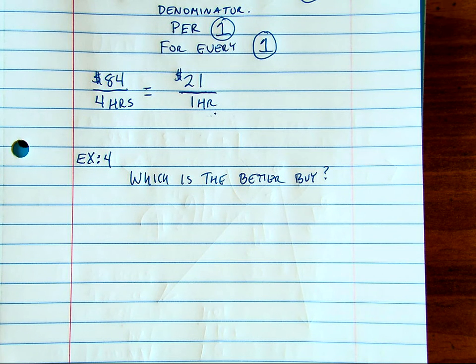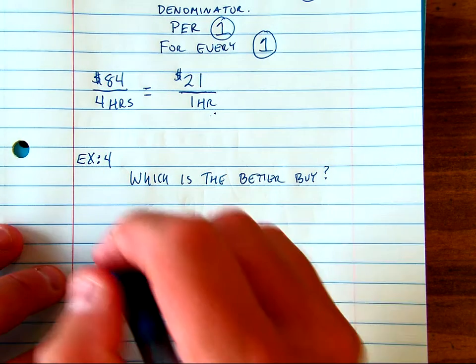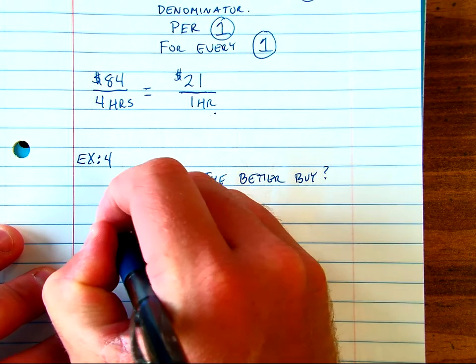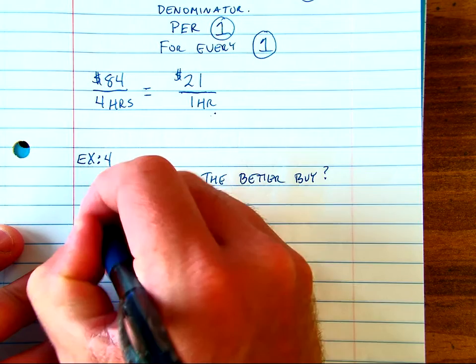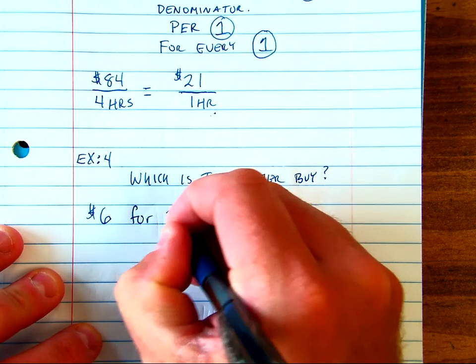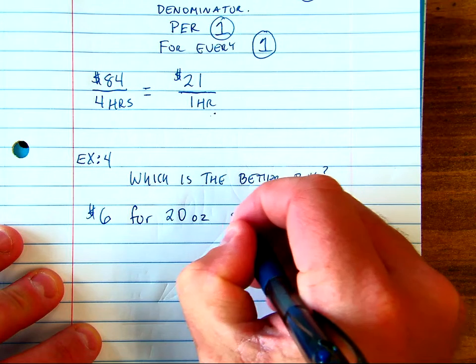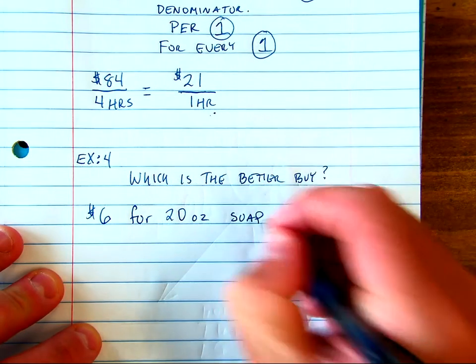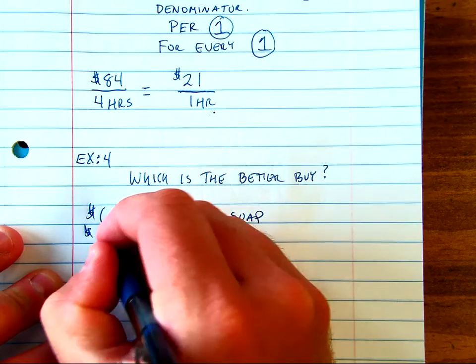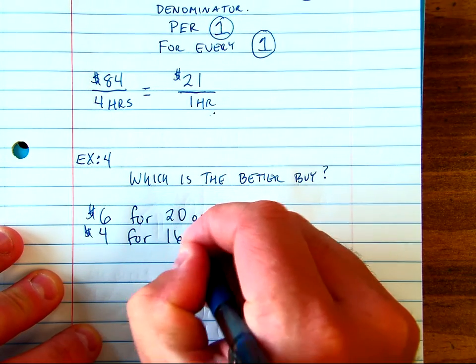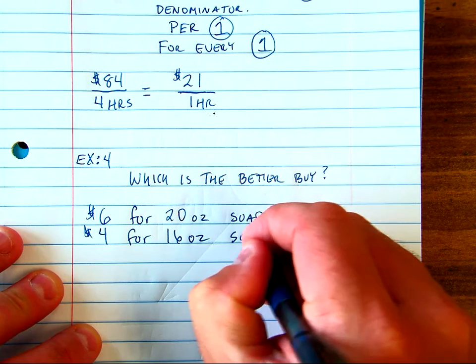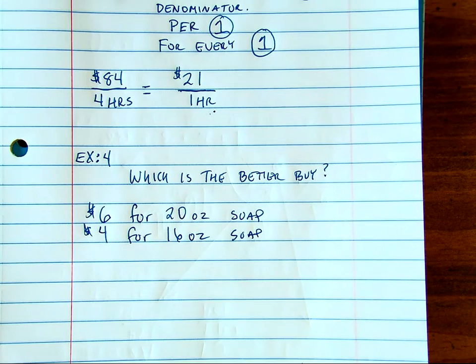Which one's the better buy? $6 for a 20-ounce soap, or $4 for a 16-ounce bottle of soap? Which one is the better buy? And you all have calculators right now, so you should be able to figure this out.